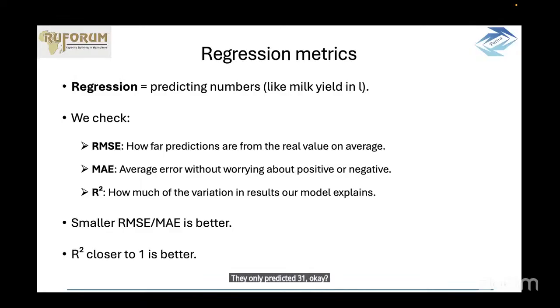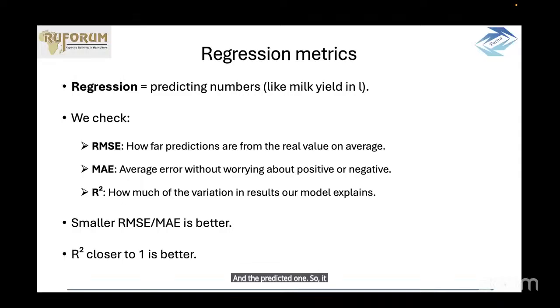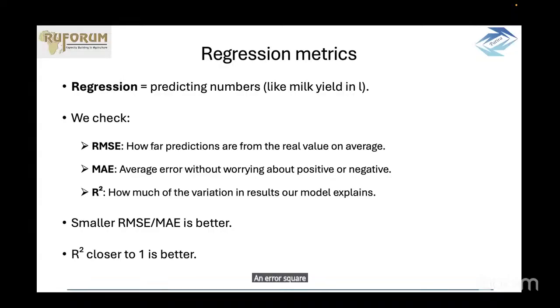So you get the difference between your original and the predicted one. So it measures how far predictions are from the real value on average, okay? And then MAE is the average error without worrying about positive or negative. And R squared is how much of the variation in the results our model explains.